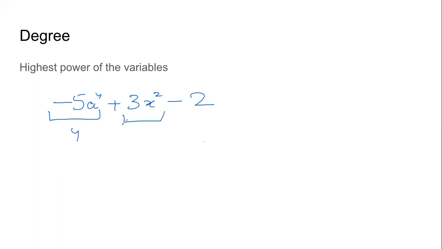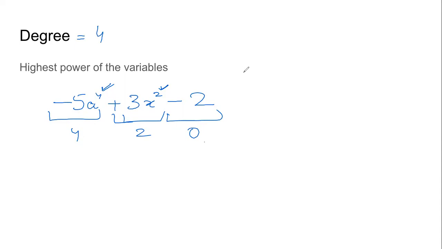The power of the second term is 2. Which 4? This 4. Which 2? This 2. What is the power of the third term? Please get this right. Don't get this wrong. Thank you, Alfia. It is 0. So out of 4, 2 and 0, 4 is highest. So our degree is 4. In this case, our degree is 4.